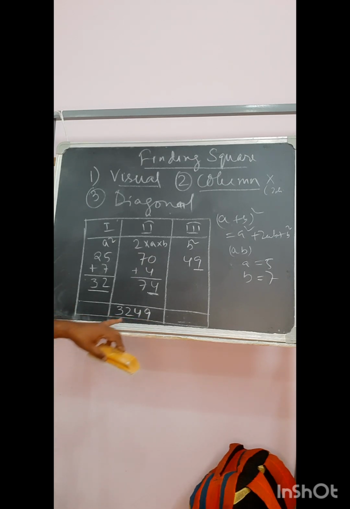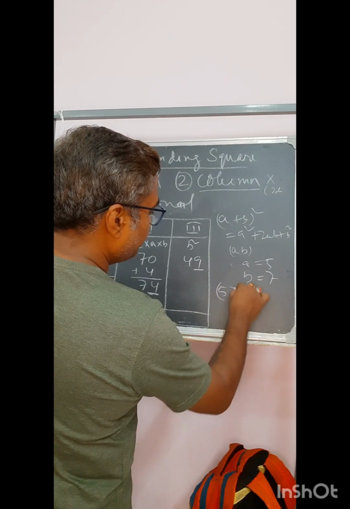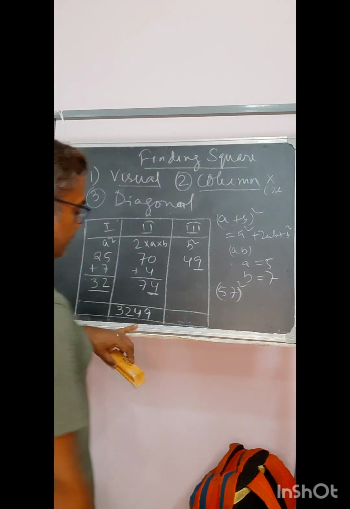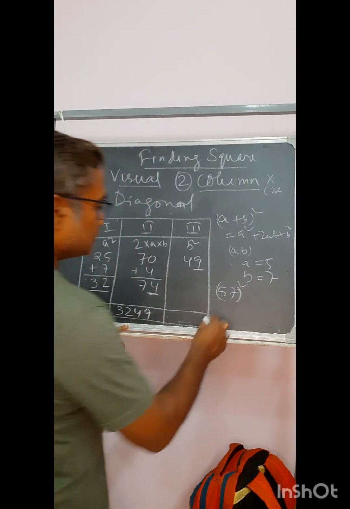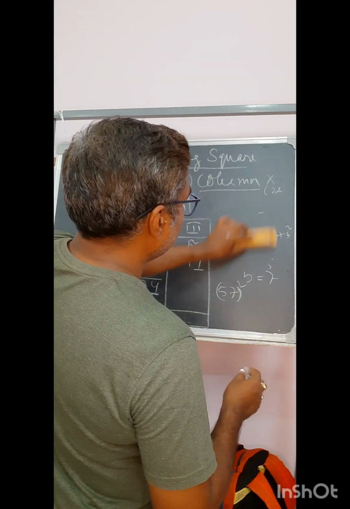3249, and this will give you the result of 57 square. So let's see if 57 into 57 is coming or not.